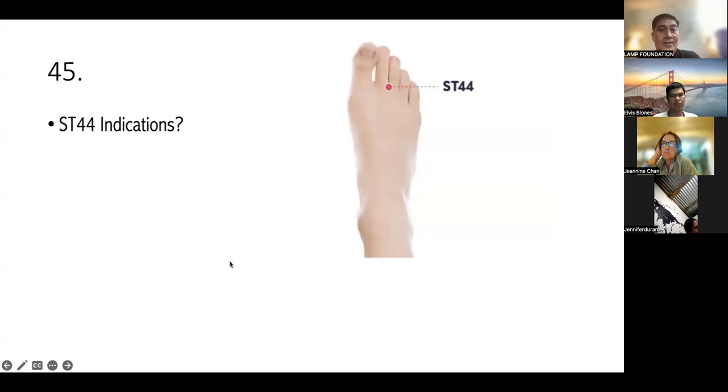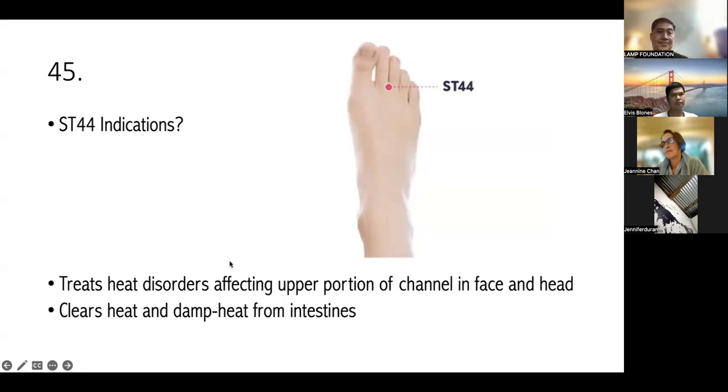Okay. Next, stomach 44, Ma'am SP. So, heat pa rin. Indication for 44. Okay. For abdominal distension po, constipation po, Doc.